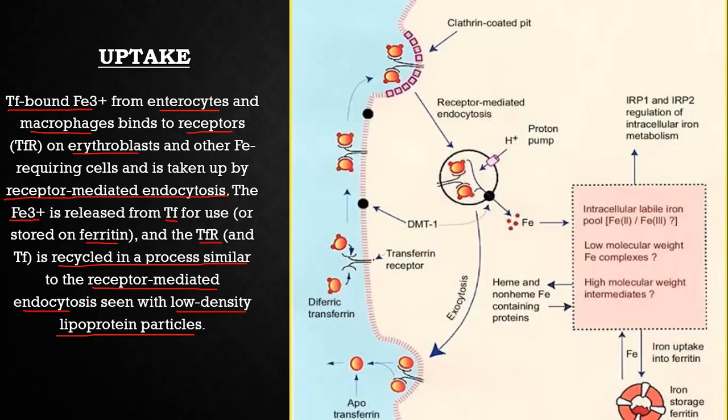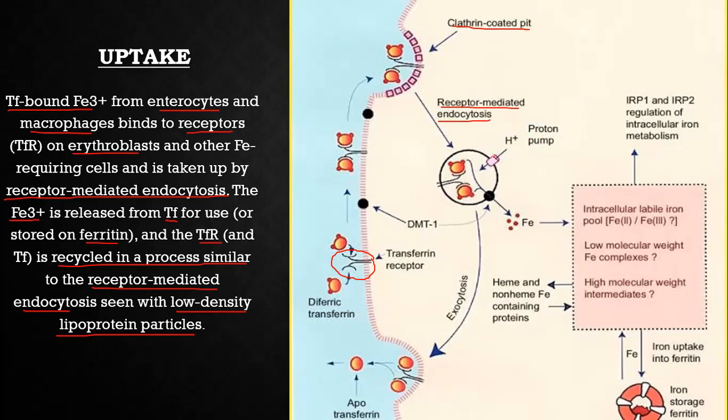Then it will bind to this transferrin receptor to form this. Then this will cause invagination of the plasma membrane at that point, and it is coated with clathrin. Remember, this is the one which stabilizes that endosome to mediate receptor mediated endocytosis.